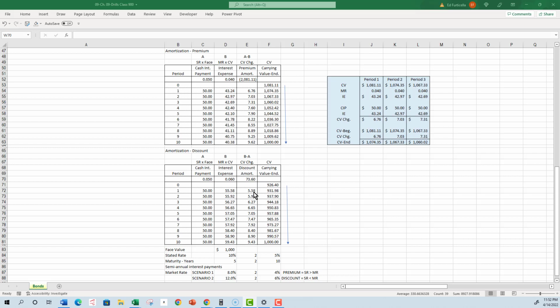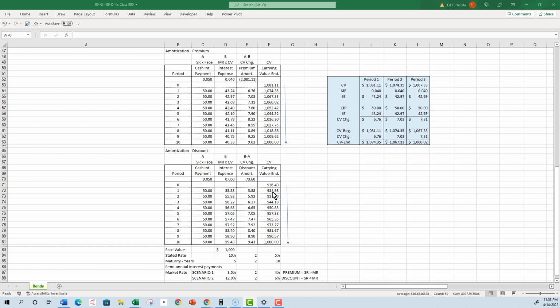to get $931.98. You will see that for a discounted bond, each period we add the change in the carrying value to the prior period's carrying value. The reason for adding the prior carrying value to the change in the carrying value is so that by maturity, the bond value reaches the face value, in this case $1,000.